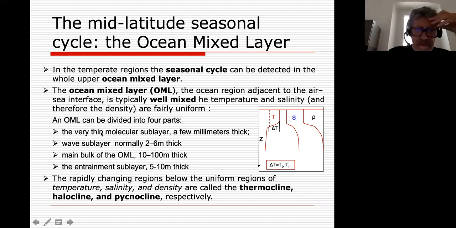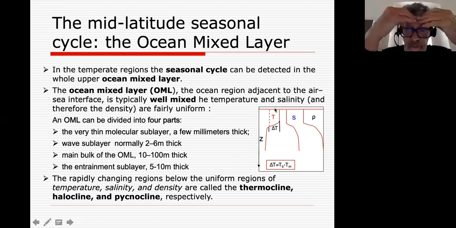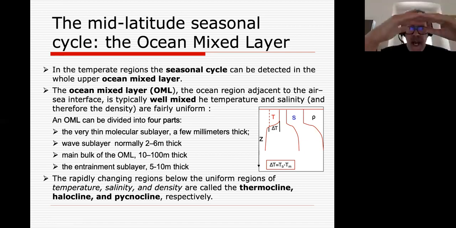We have a very thin molecular sublayer. This is a sort of very shallow film, a few millimeters thick, that acts as an interface between the atmosphere and the ocean interior. It's very important because every exchange of gases and also the interface with the atmosphere goes through this interface.